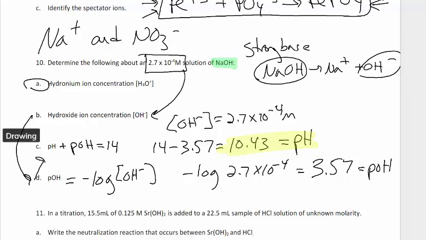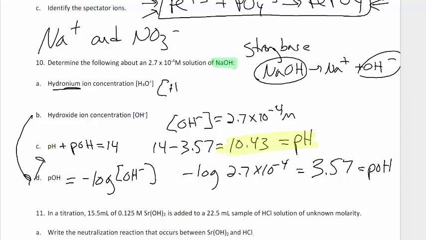Okay, we need to find one more thing, and that's the hydronium concentration. So I think the easiest thing to do from here is, if you know the pH, you can find the hydronium concentration by doing the opposite of negative log, and that is 10 to the negative. So the hydronium concentration is equal to 10 to the negative pH. Like if the pH was 3, the hydronium concentration would be 10 to the negative 3.